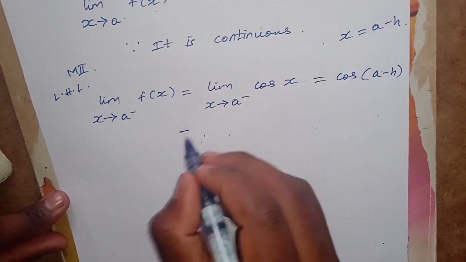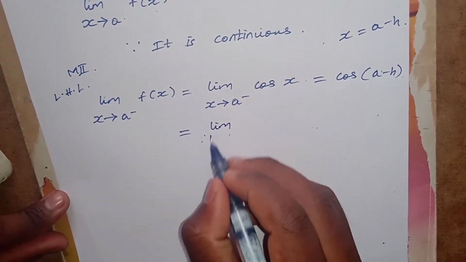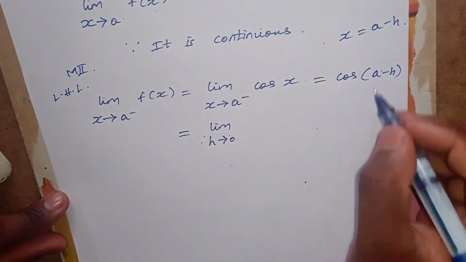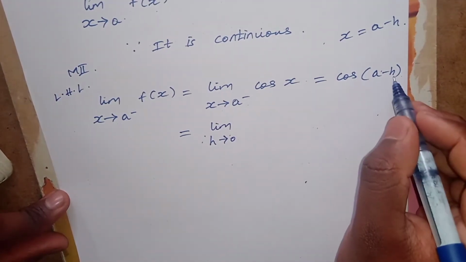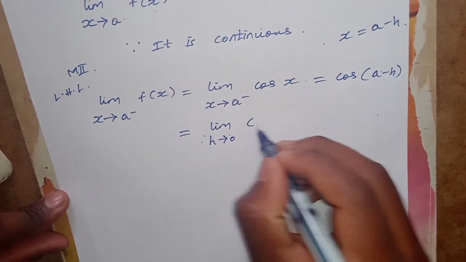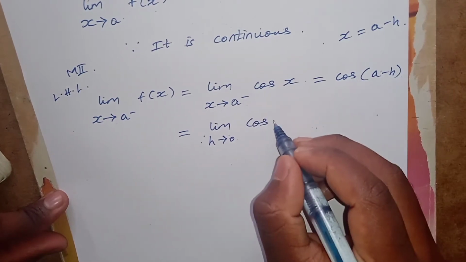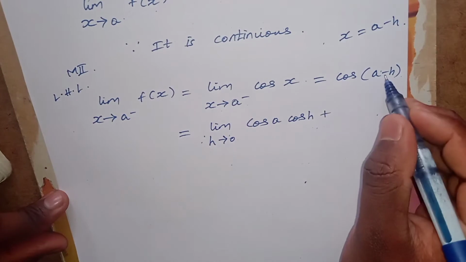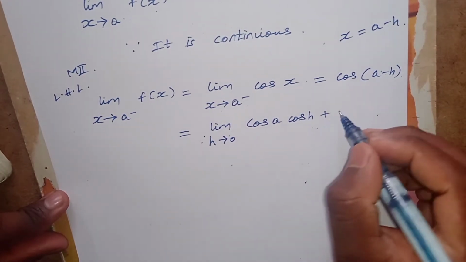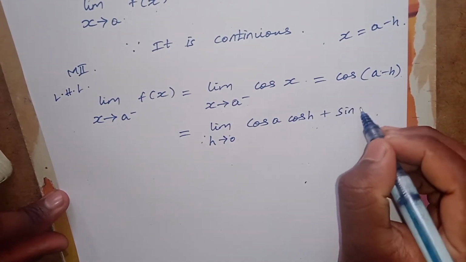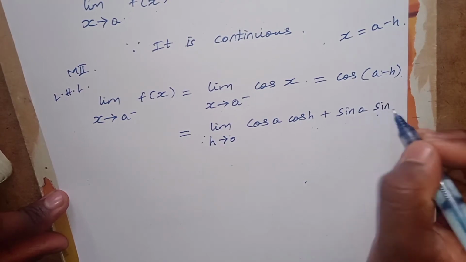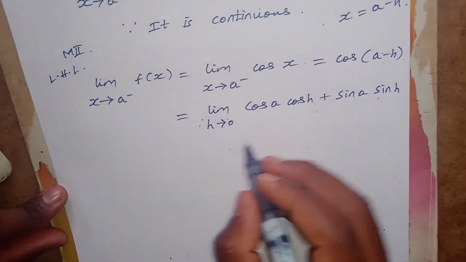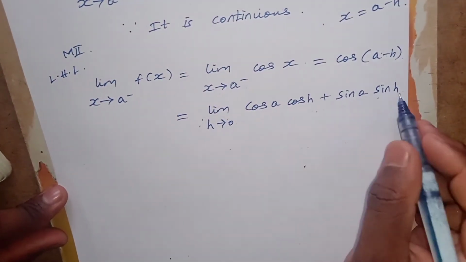Finally, you write limit h tends to 0, cos of a minus b. The formula is cos a cos b, here minus, here comes plus, sin a sin b, substituting h tends to 0.